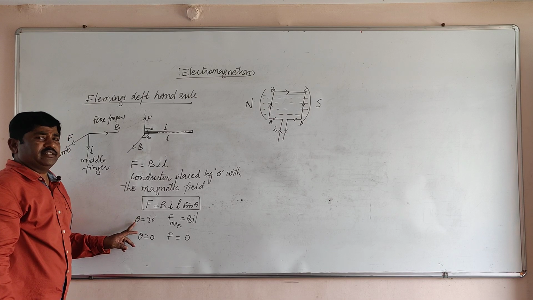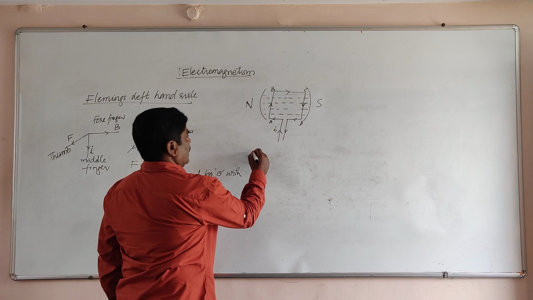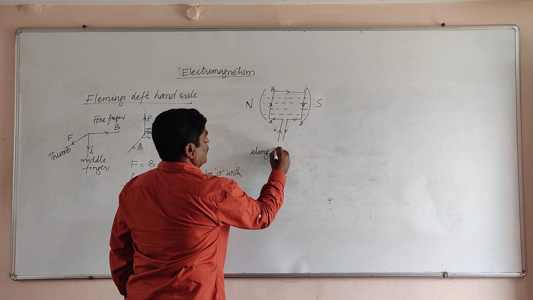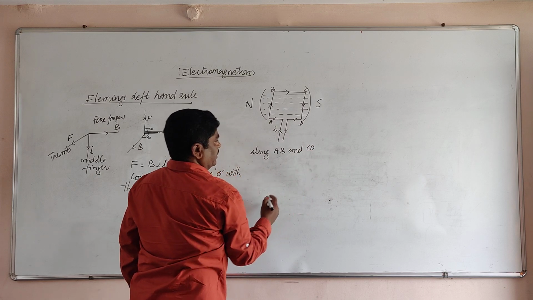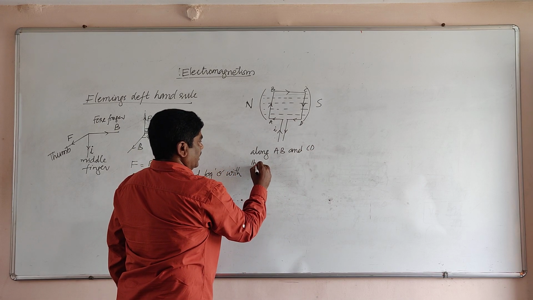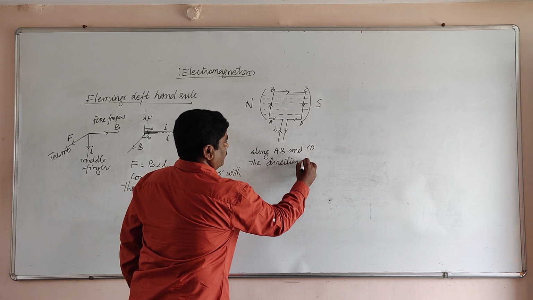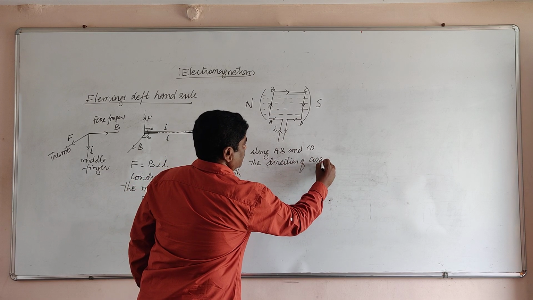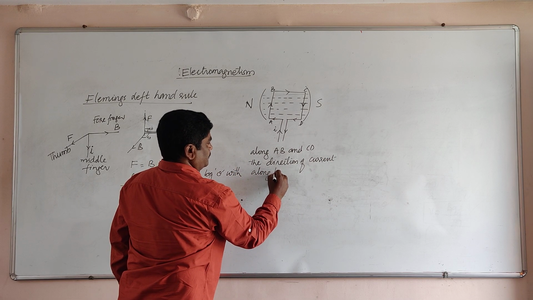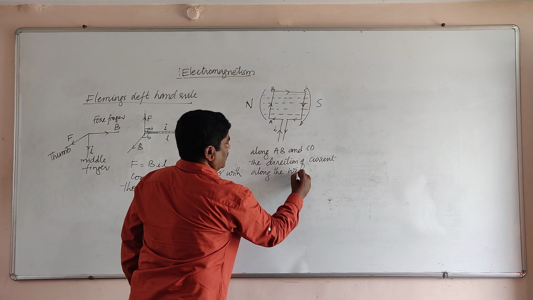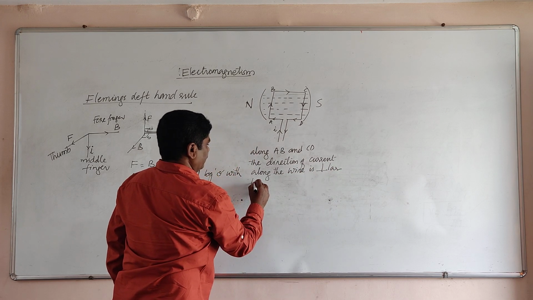But when the conductor is kept perpendicular, the force will be maximum. You see here, along AB and CD, the direction of the current along the wire is perpendicular to the field.